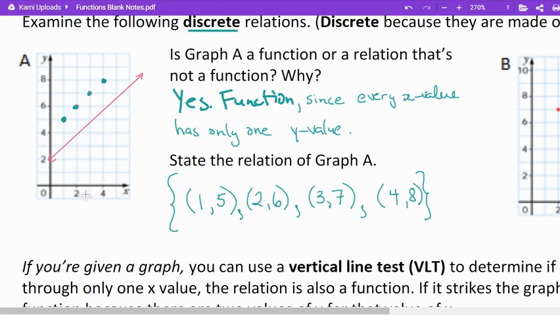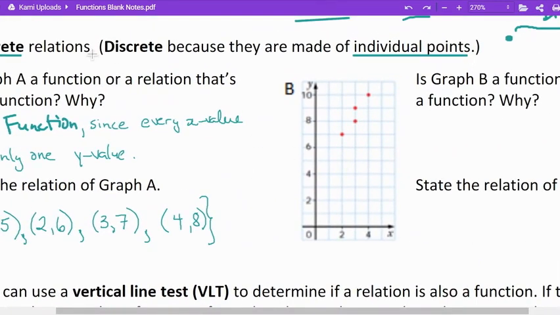So let's say I chose 2.598. Well, at 2.598, yup, the relation exists there. So because it's a straight line with no breaks, that makes it a continuous function, while these points are a discrete function. So this is discrete.